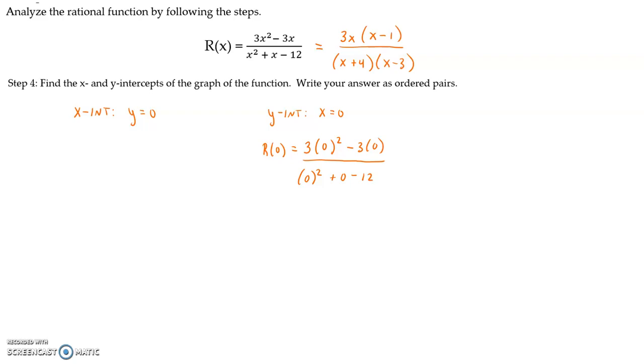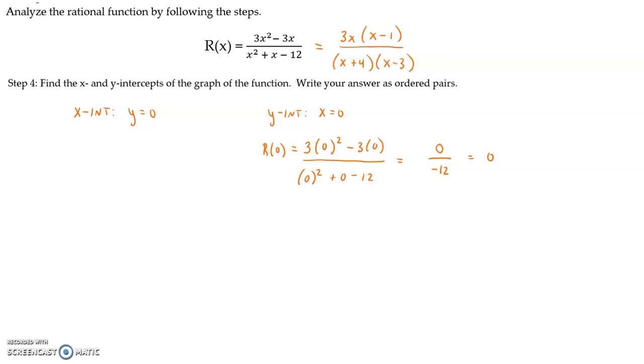And we can go ahead and simplify what we've got in both our numerator and our denominator. 0 squared times 3 is going to give us 0, and 3 times 0 is going to give us 0. So we're going to end up with a 0 on top, and in our denominator, we're going to end up with a negative 12. So this will come out to be a 0.